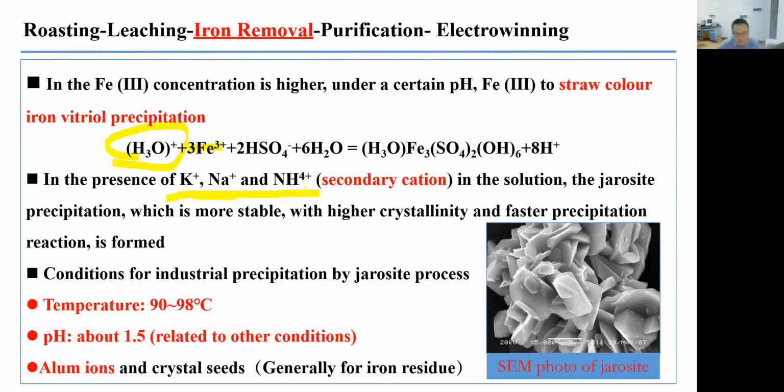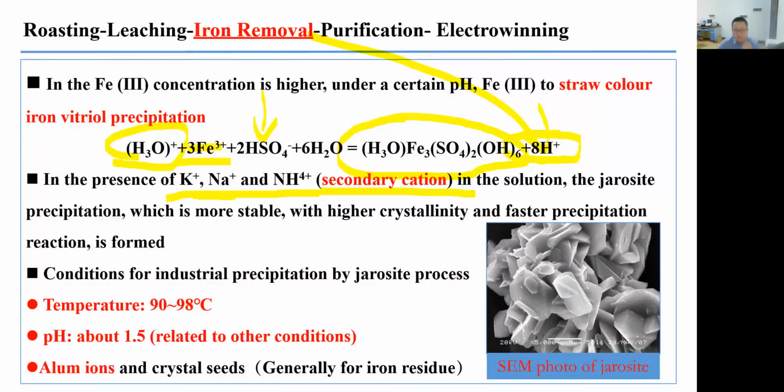When we have secondary cations and ferric ions in the solution, and some acid is consumed, we are producing this jarosite type precipitate, and also a large amount of acid will form. So the ion removal process is also a process for acid generation. After iron is removed, a corresponding amount of acid will generate in this process.